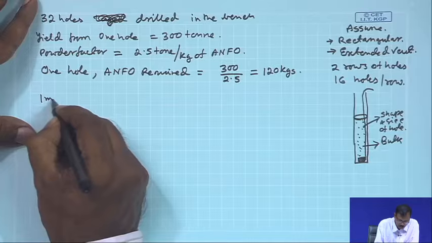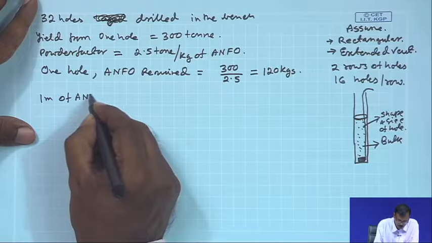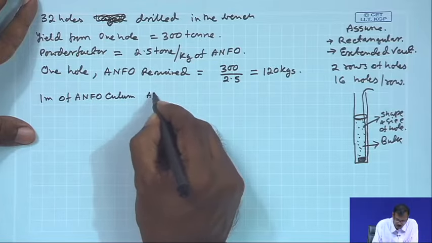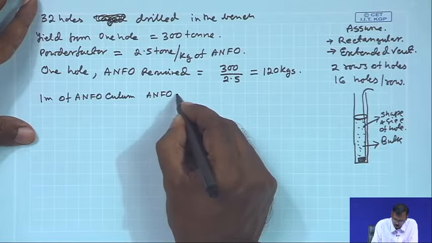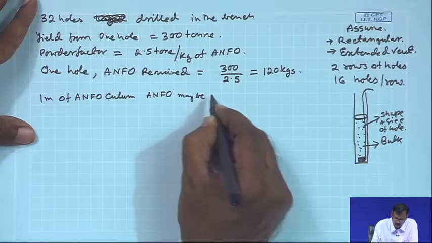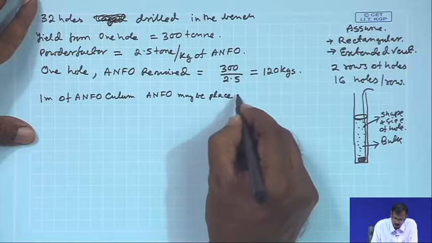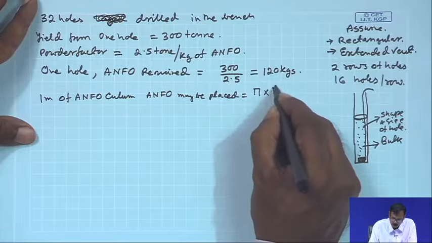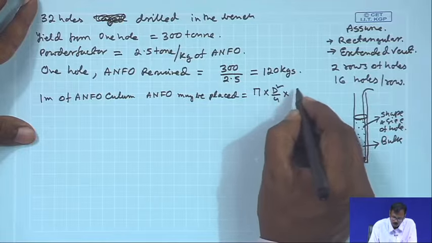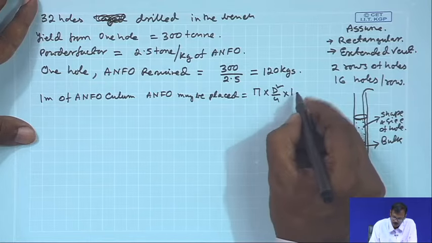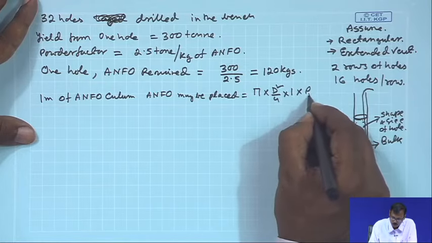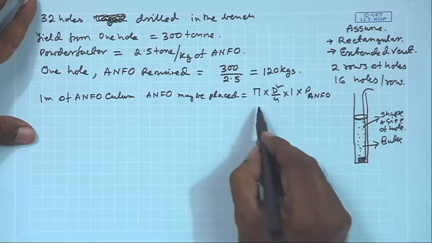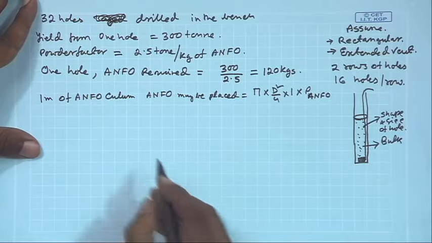So, in 1 meter of ANFO column, the ANFO placed is equal to pi d square by 4 into 1 meter length into rho of ANFO. So, that will be the quantity of ANFO.